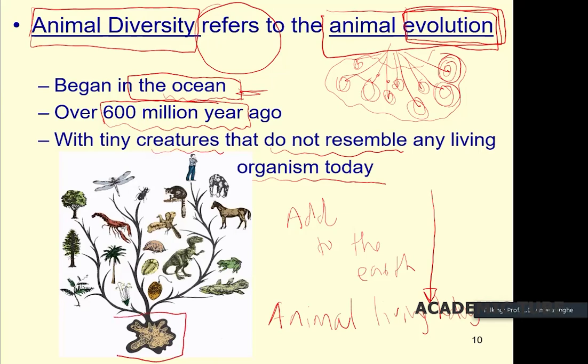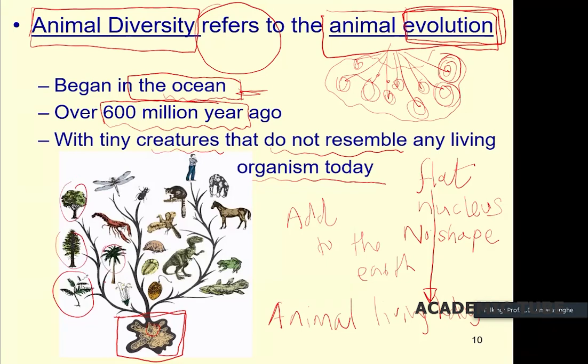Now you can see the image here. This is the kind of creature that initiated the whole life of living creatures today. You can see a single nucleus, and it doesn't have a definite shape, but from this particular creature, which is not similar to any living organism, you find plants, different; invertebrates, different; then vertebrates, different. And this one is completely different.